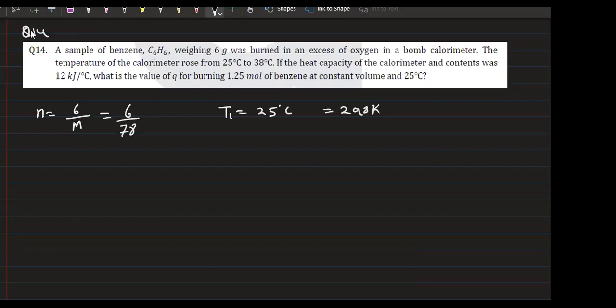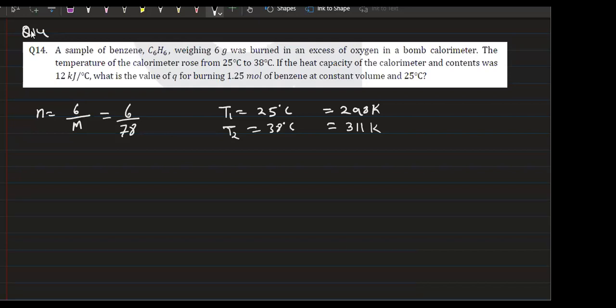And T2 is also given, which is 38 degrees centigrade, which is equal to 311 Kelvin. So यहाँ पे डेल्टा टी होगा, राइट? कैलकुलेट करने के लिए डेल्टा टी यूज होगा. ठीक है, चलो नेक्स्ट. तुमसे क्या पूछ रहा है? If the heat capacity of the calorimeter content was this, what is the value of Q for burning?